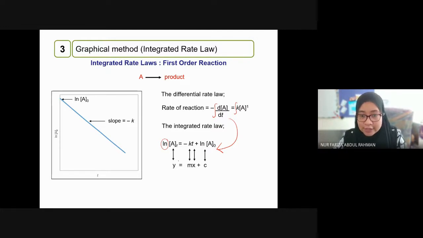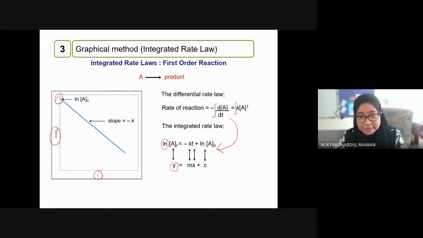If we equate or correlate it with Y is equal to MX plus C, so our Y axis will be the ln A at T time. Okay, ln A at T time. And then X is T as usual. Ln A naught will be the intercept.